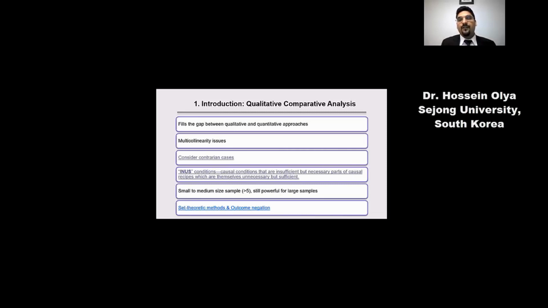So we are facing a complex phenomenon. We need to explore complex causal conditions that lead to the given outcome.